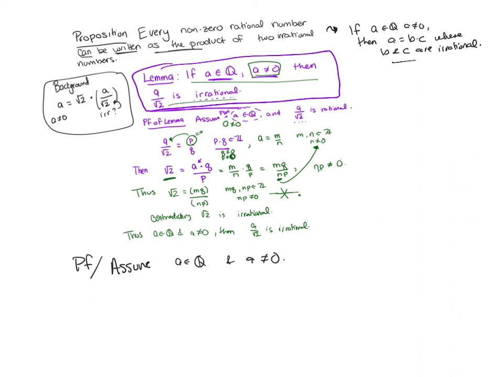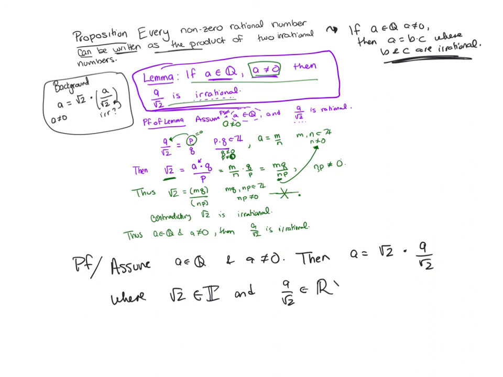I need to show that it can be written as the product of two irrational numbers. So then a is equal to square root of 2 times a over square root of 2, where root 2 is irrational. And a over root 2, I'm going to use the symbol for irrational, R minus Q. And that's what I needed to show.